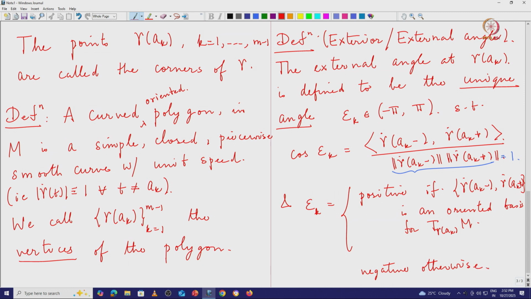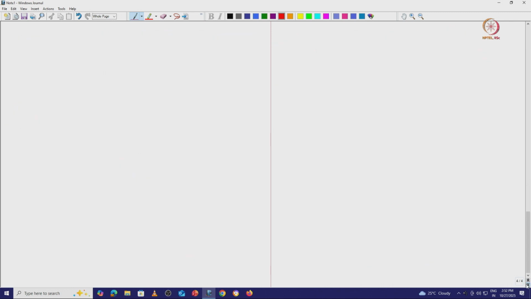Okay, so let me draw a picture. So let us say you have a curve like this. So this is gamma of a_k. So these are the two tangent vectors from the left and the right, and let us say your curve is oriented so that you come into the intersection in this direction.